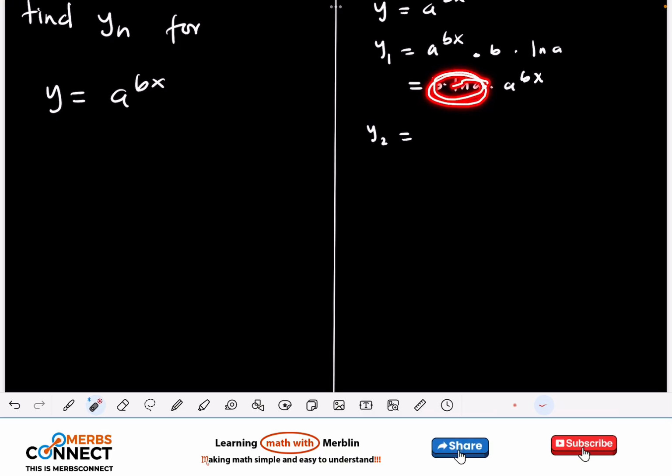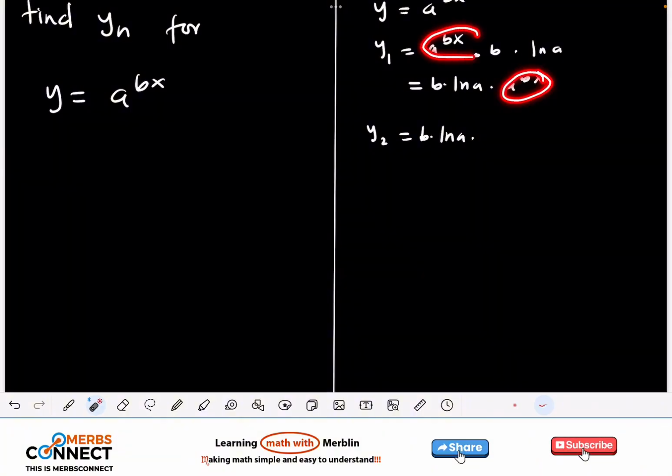The only thing that we are going to differentiate is a to the power bx, which we have done before. When differentiating this, we maintain the constant part and rewrite it, so we have b times ln a times, and when we differentiate a to the power bx, we get a to the power bx times b times ln a.